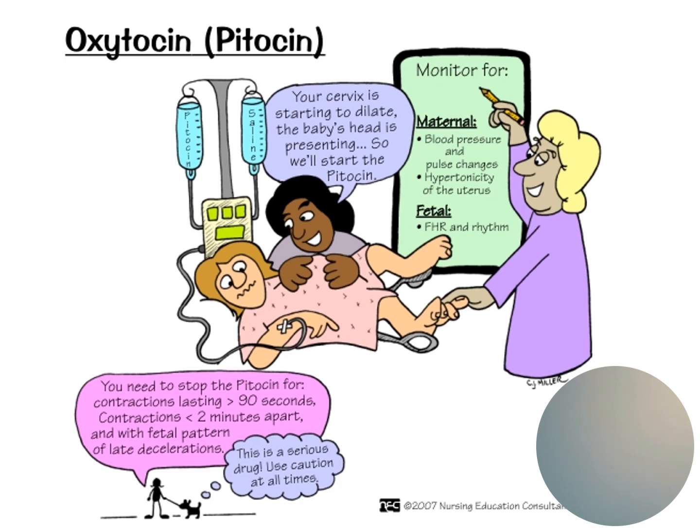Adverse effects: it can cause hypo or hypertension, chest pain, headache, dizziness, nausea, and vomiting. Again, monitor vital signs, contractions, and fetal heart rate, and decrease if we have hyperuterine activity.